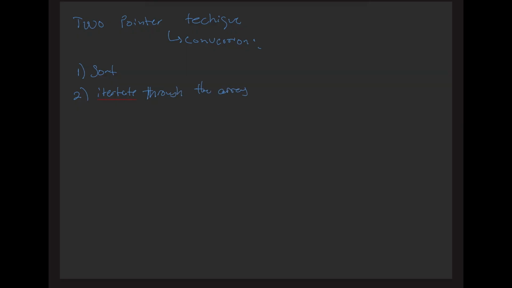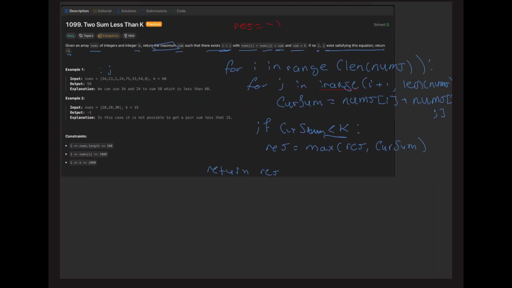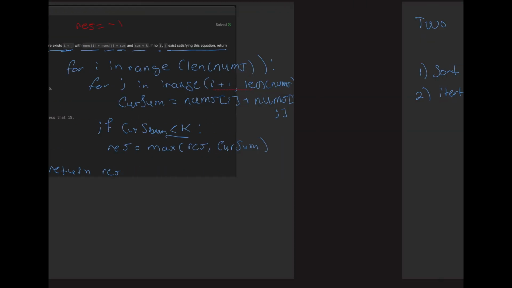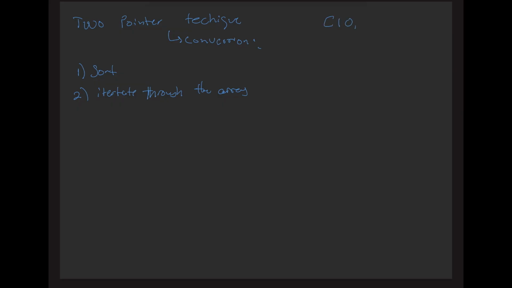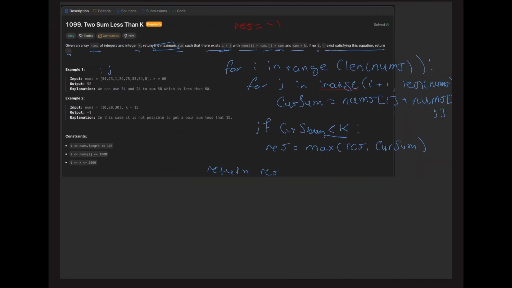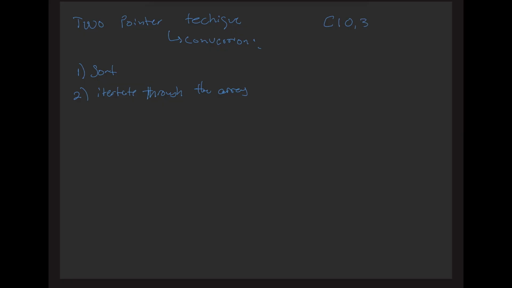I'm going to use an example here. I'm going to make one. So we've got 10, 30, and 20, and k is equal to 50, because the given example had k at 15, but I want to use an example that can utilize this problem.